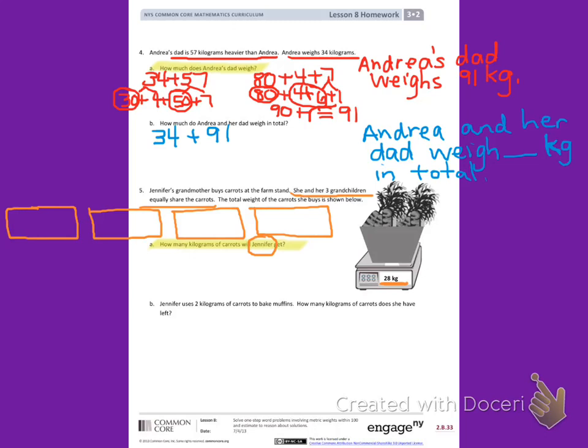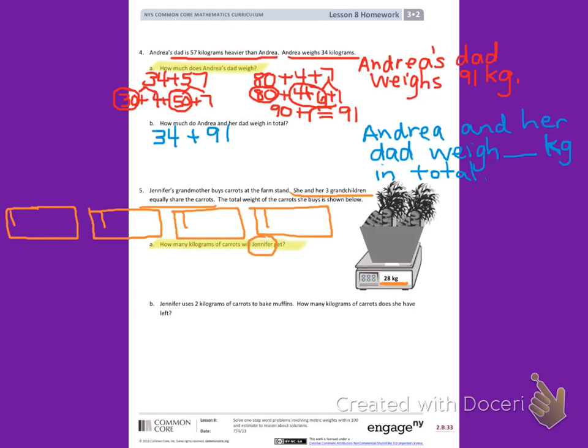Now, if Jennifer's grandmother bought a total of 28 kilograms of carrots and she wanted to share them equally between everyone, she would give 1 kilogram for each person until they were all used up. 1 for you, 1 for you, 1 for you, and 1 for you. Keep going until you get to 28.